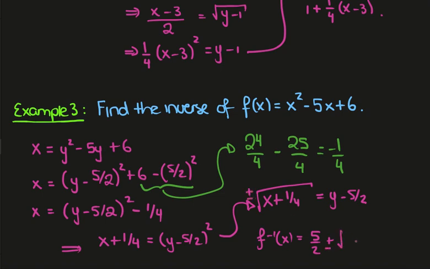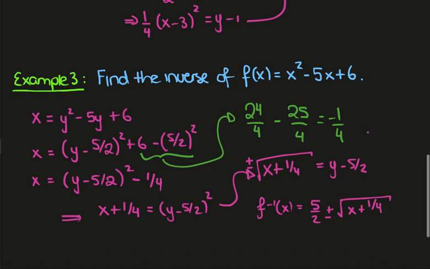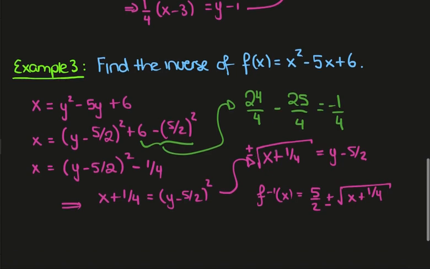So plus or minus the square root of x plus 1 over 4. To determine which sign you take depends on the domain of this. That'll be the focus of the next video on inverse functions. For the moment, I just want to focus on finding the formula for the inverse.